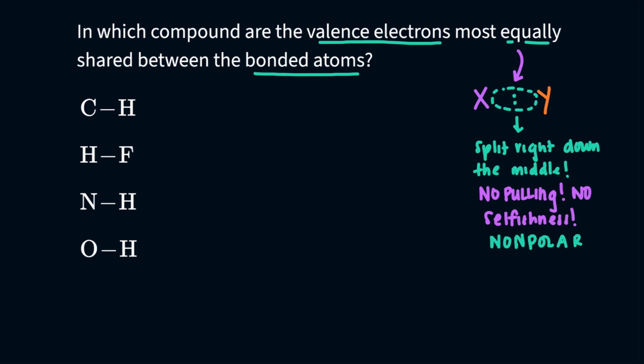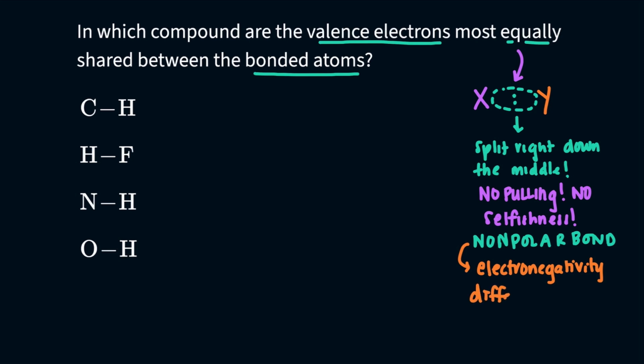And by definition, a non-polar bond or polar bond is defined by electronegativity. Electronegativity is the property to determine what atom is more selfish. And for a nonpolar bond, we need an electronegativity difference, which just means subtraction.